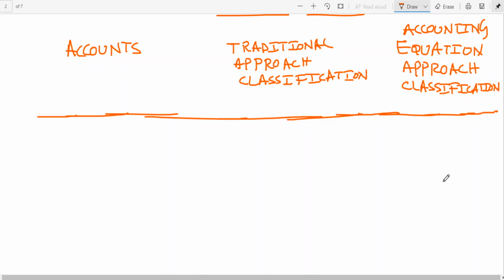Traditional approach classification, accounting equation approach classification.